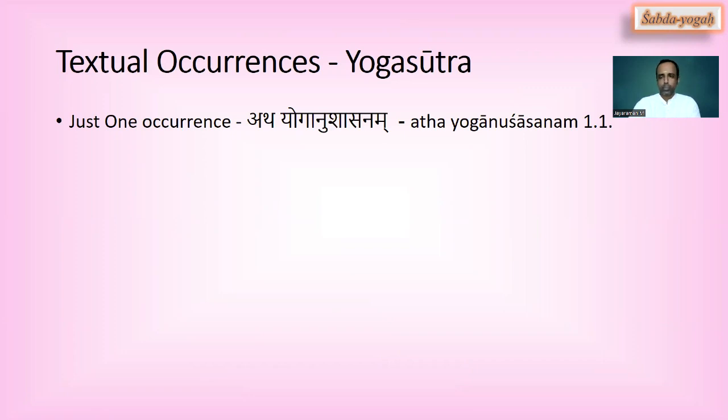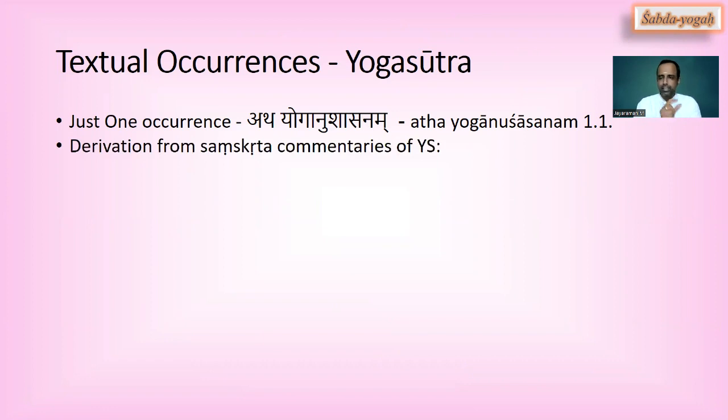There the word Anushasanam is part of a compound with the word Yoga, Yogasya Anuṣāsanam, the Anushasana of Yoga. As we saw based on the etymology, Anushasanam is instruction following the tradition, so Yoga-anuṣāsanam means the instruction of yoga following the tradition.